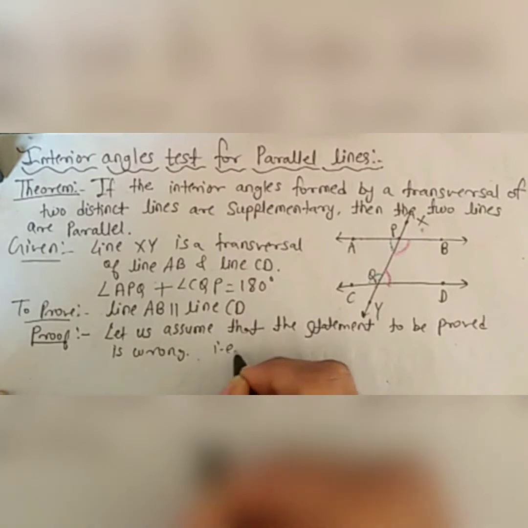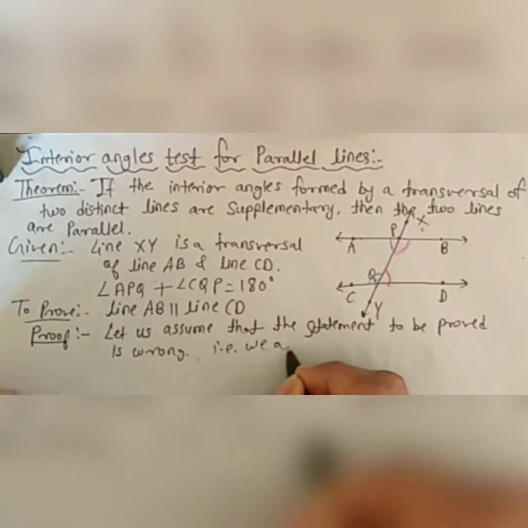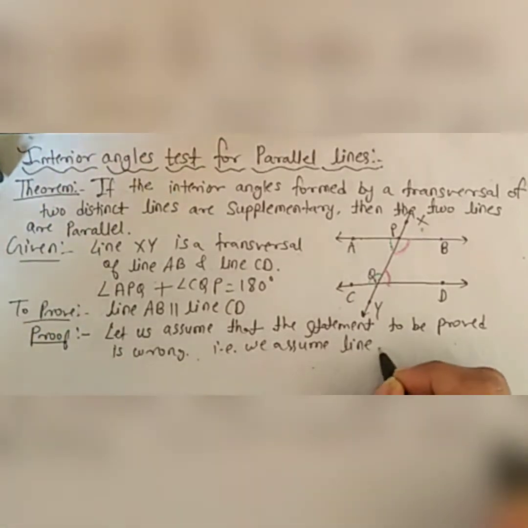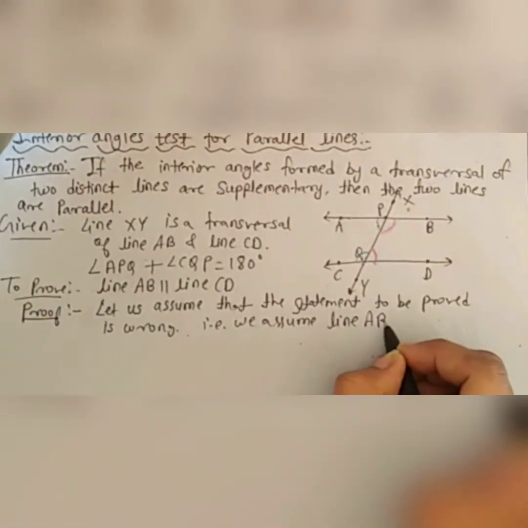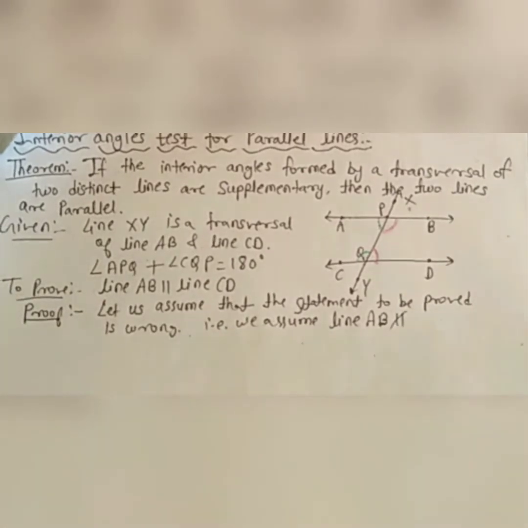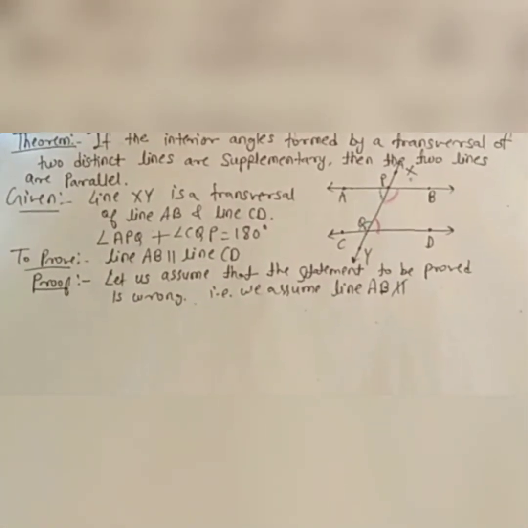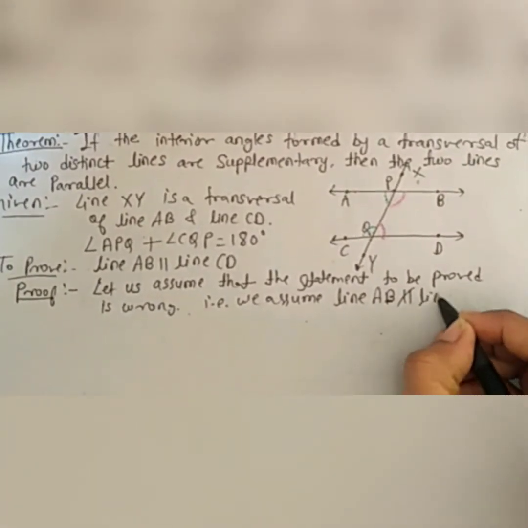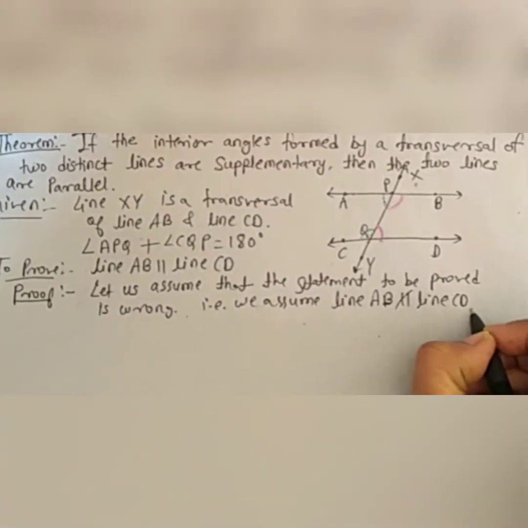That is, we assume line AB is not parallel to line CD.